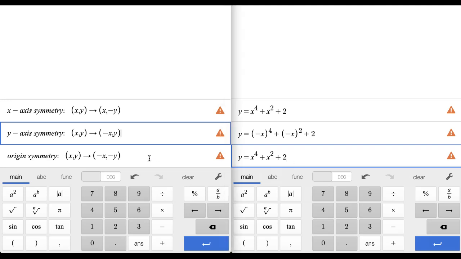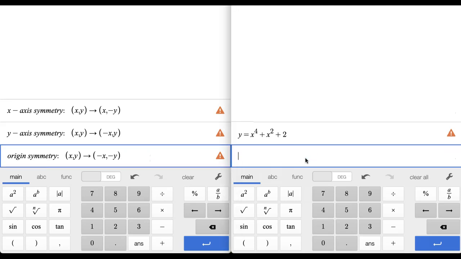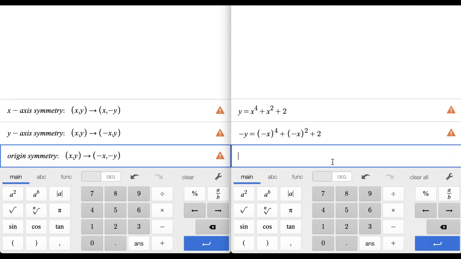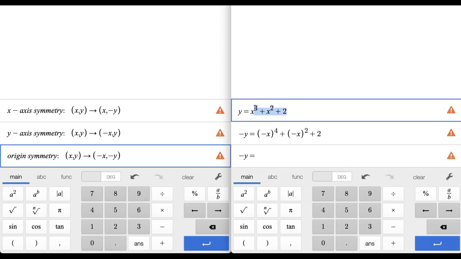Okay, let's test the last one, origin symmetry. So I'm going to replace both x and y now with negative x, negative y. So boom. And then this is kind of the same deal as the last problem, but I'll go through it thoroughly. This will now simplify to here.